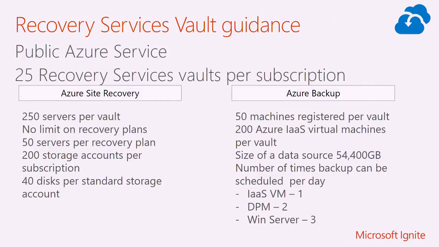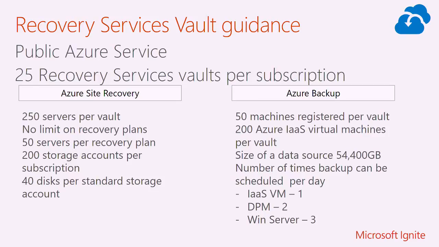Just a quick look at some guidance around creating what we call recovery services vaults. It's a public Azure service, first of all. Just remember that we don't need a site-to-site VPN into a virtual network in Azure to do DR. It's publicly available. We just need an internet connection. We can have up to 25 recovery services vaults per subscription, probably more than enough for your requirements.